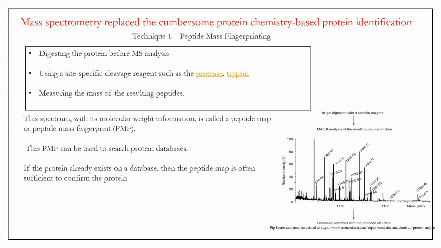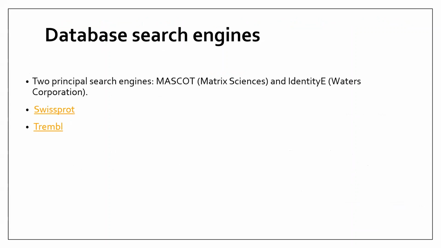So when we get the spectrum, or this peptide mass fingerprint, the next step is the protein database search. So once we get this PMF, we go to different protein databases, and in these databases we try to match the fingerprint by using different database search engines.